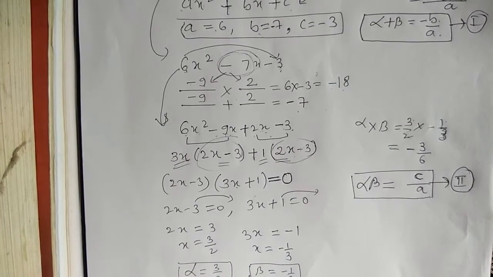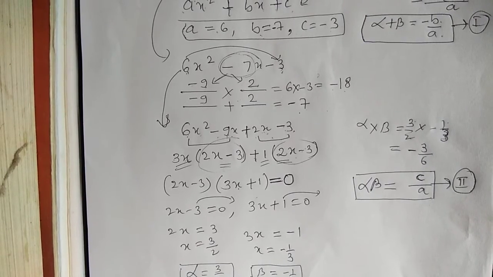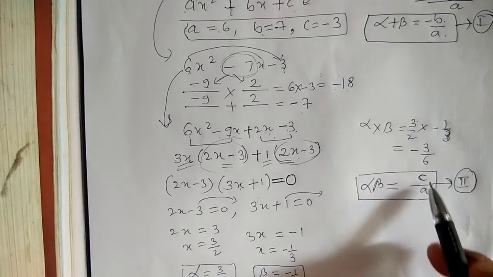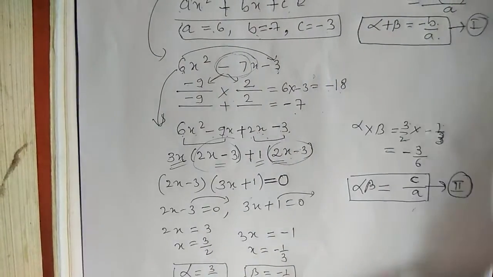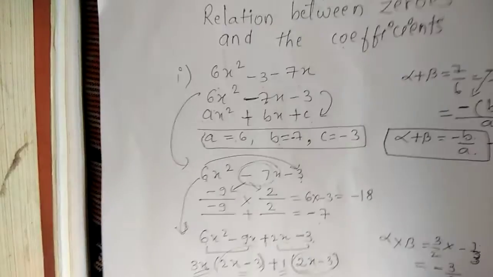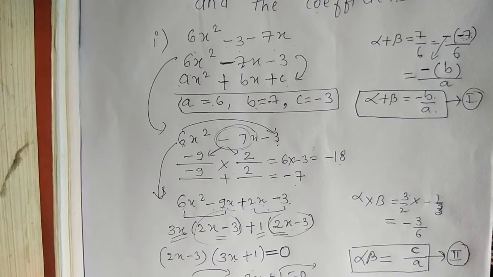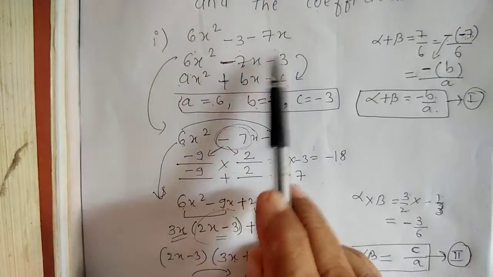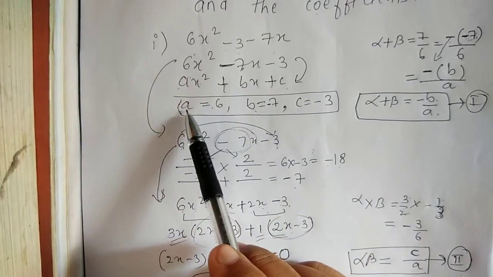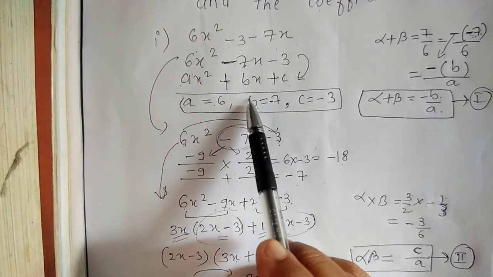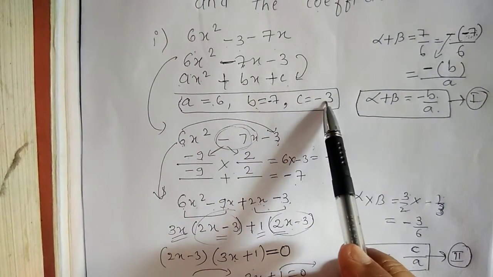So we understood from this problem that sum of roots is minus B by A and product of roots is C by A. What we have to do is first write the quadratic polynomial in general form, then compare the values of A, B, C. In this, A value is 6, B value is minus 7 and C value is minus 3.